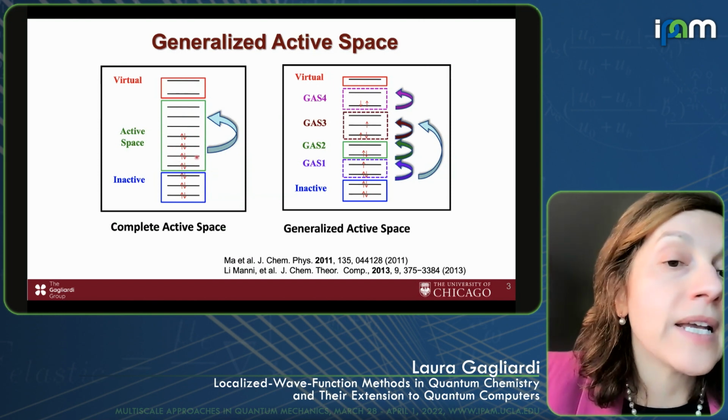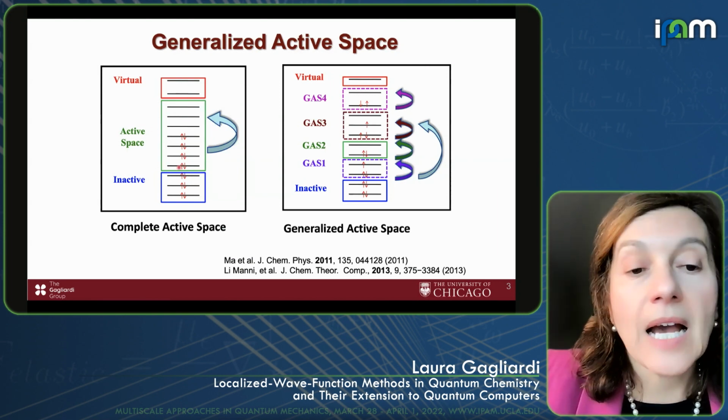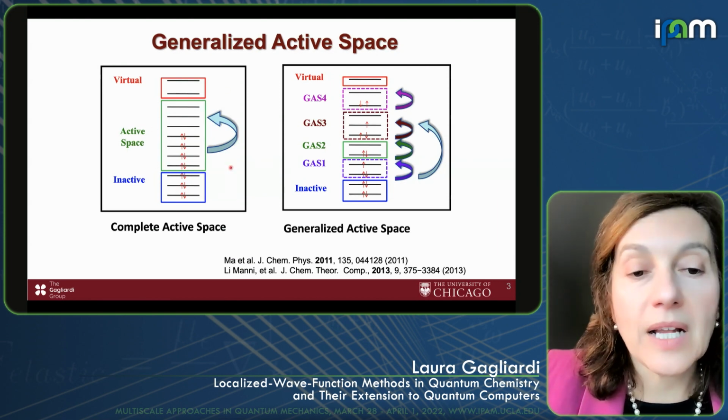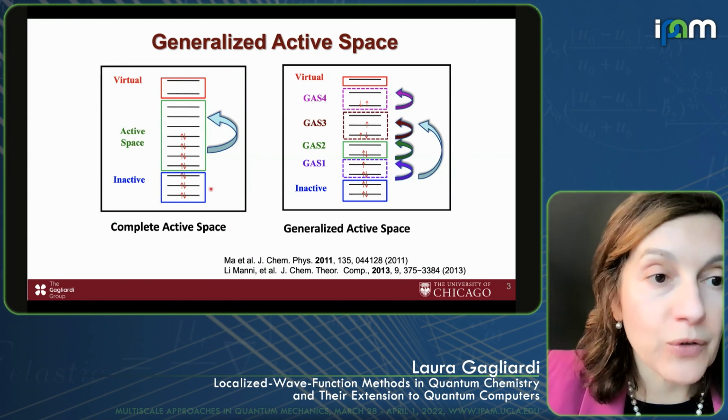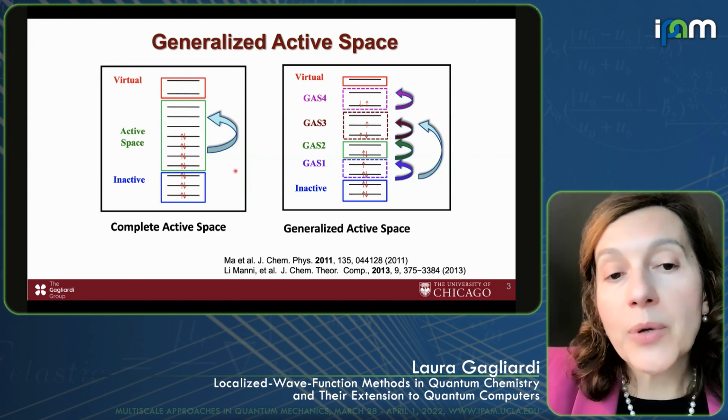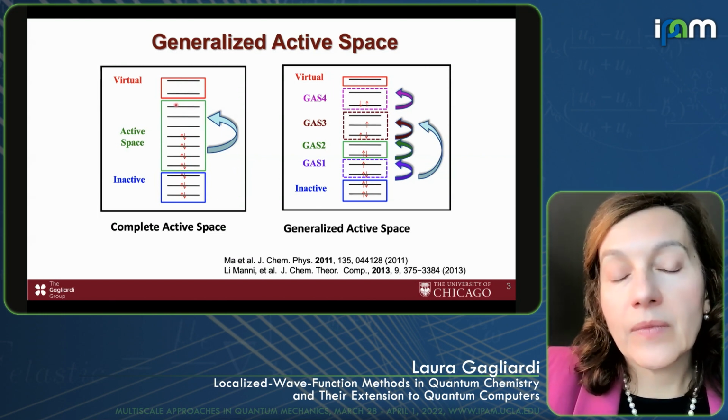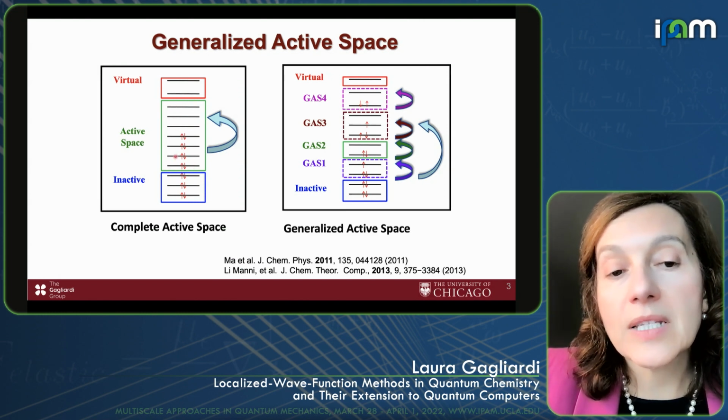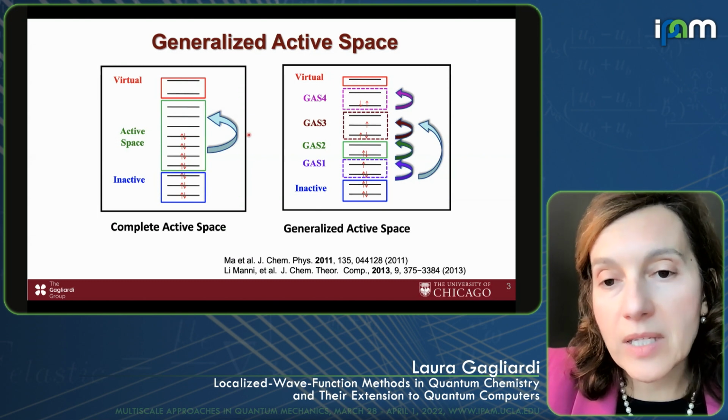So you can think about a full CI within the active space, while the other orbitals are treated like in Hartree-Fock or Kohn-Sham. The problem is that you still have an exponential scaling with the number of electrons and orbitals that one has in the active space.